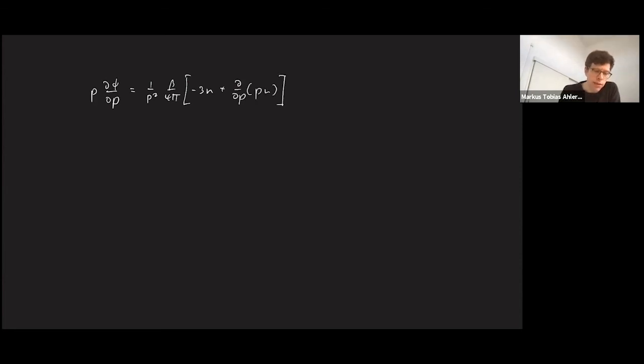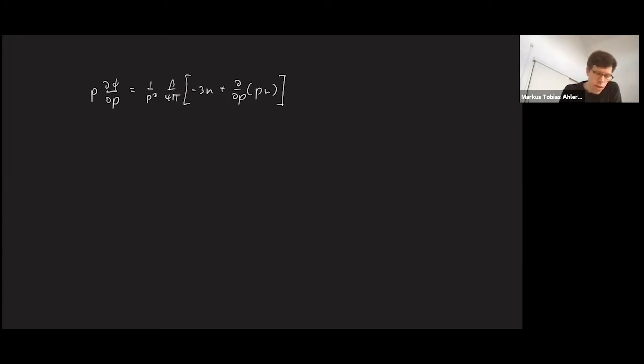So now I have expressed this momentum derivative of the phase-space distribution by two terms that depend on n. And I can combine this together with the original equation.